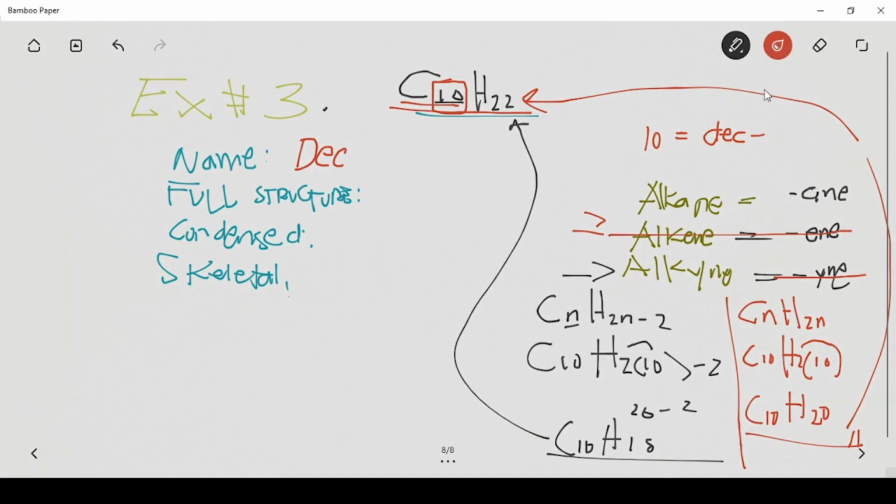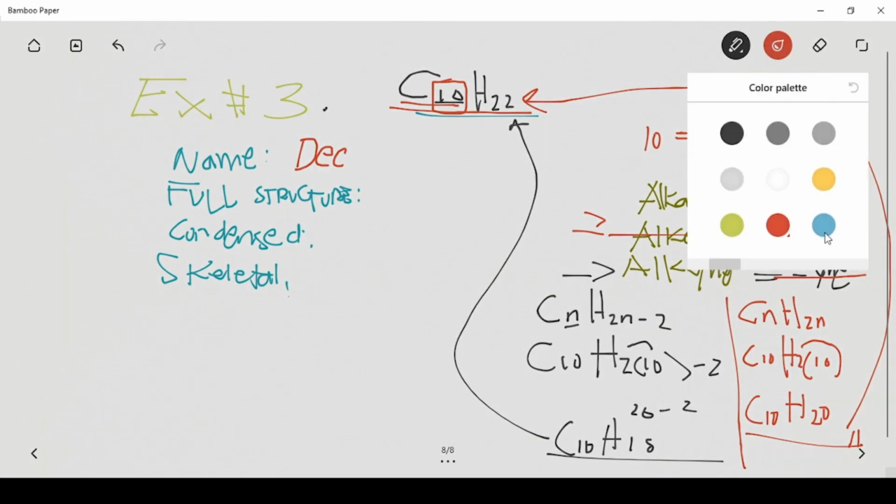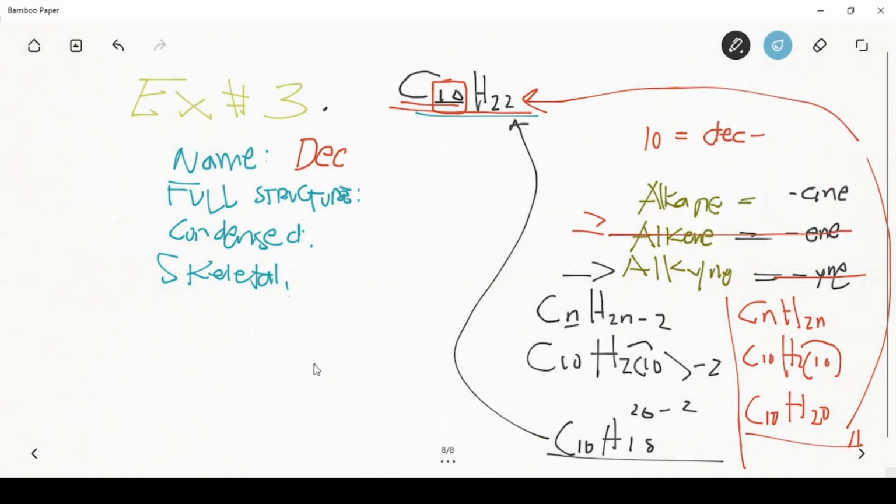So let's try alkane. For alkane, it has an equation of CnH2n plus 2. So C10H2 open parenthesis 10 plus 2. So 10 times 2 is 20. 20 plus 2 is 22.